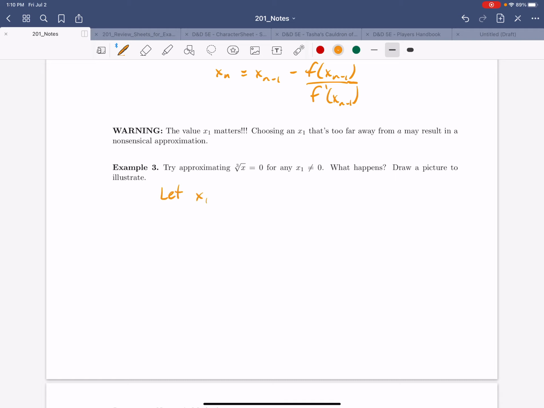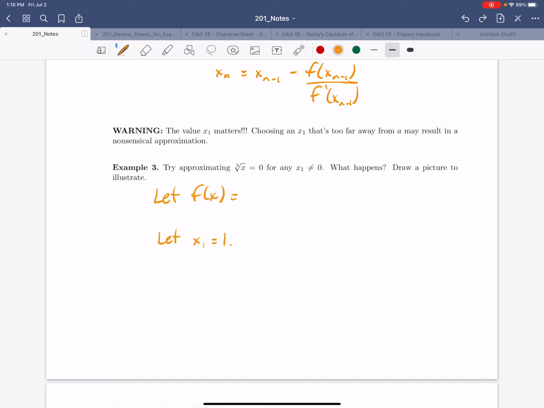Let x1 equal 1. Actually, first off, let me write over here, let f of x equal the polynomial such that this is true. Well, you just cube both sides. The cube root of x equals 0.